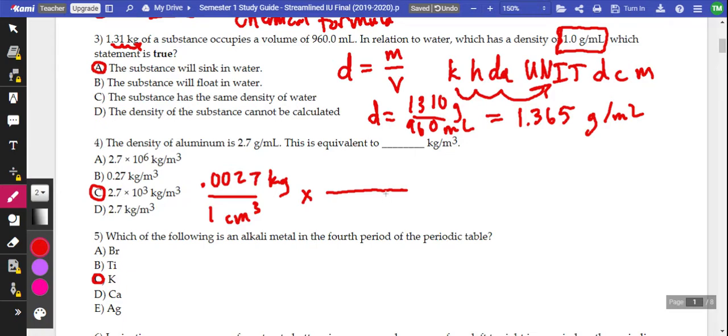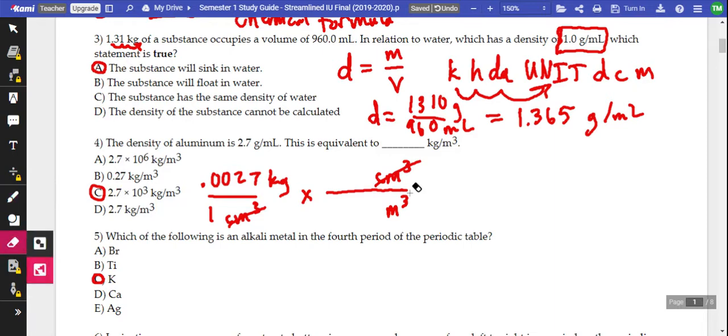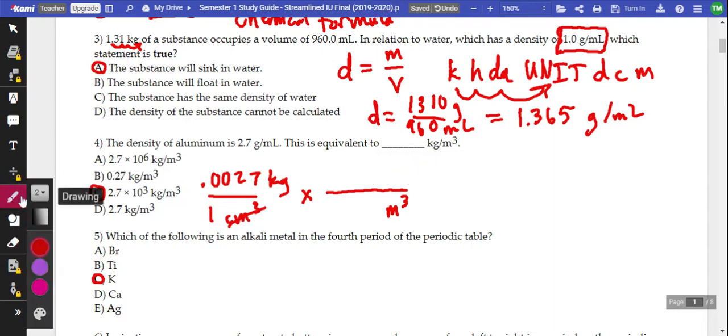Usually what we want goes on top, but in this case, since cubic centimeters is still on the bottom, being divided, we need to multiply to get rid of it. So cubic centimeters is going to go on top so that it cancels. What I want to change it into is regular cubic meters, m cubed. So now I have to figure out how many cubic centimeters are in a cubic meter. Well, let's think about it. Let me erase this and make some more room, because I'm going to need a bigger fraction bar here.